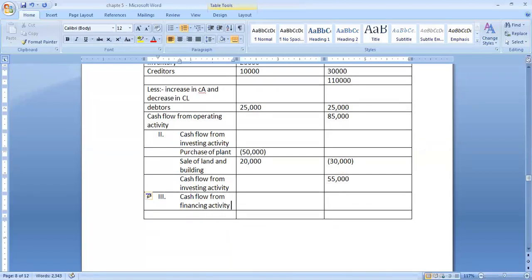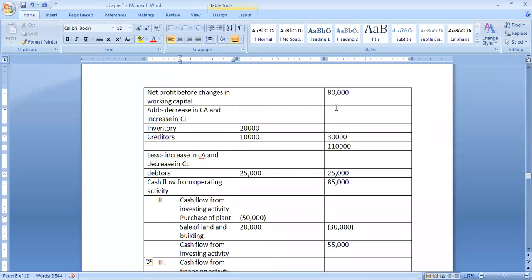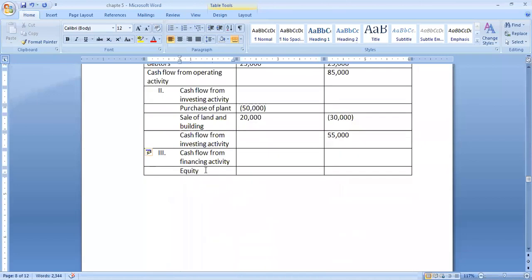Now the last one that you need to proceed is cash flow from financing activity. Here you will take the cash flow from financing activity.